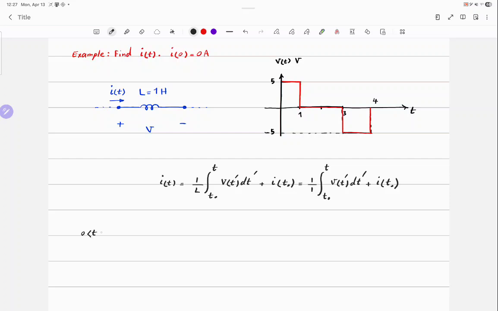So t between 0 and 1, my equation changes to I(t) equal to... What should I consider as t naught? 0. 0 to t. What's the voltage in this interval? 5.